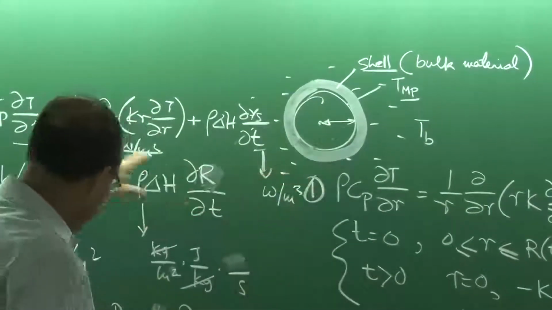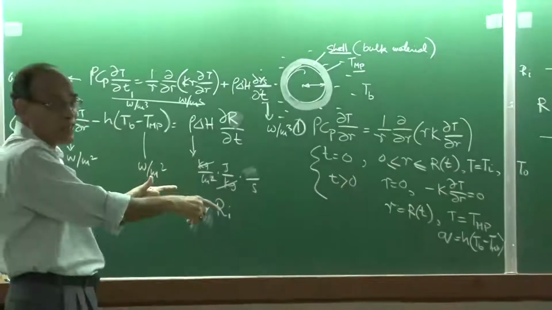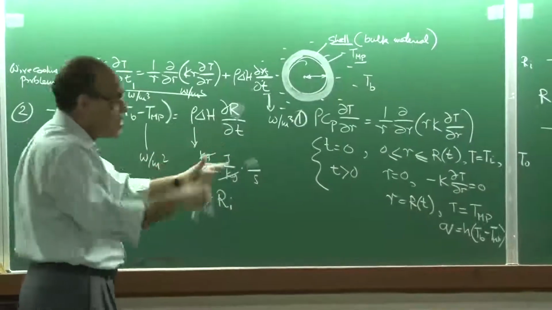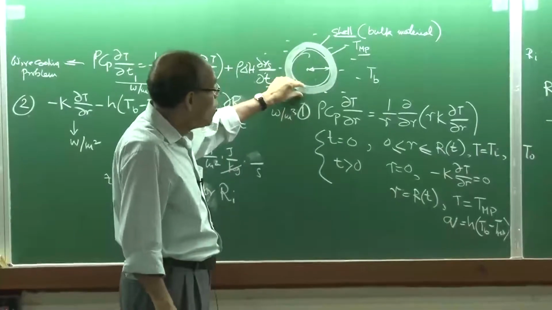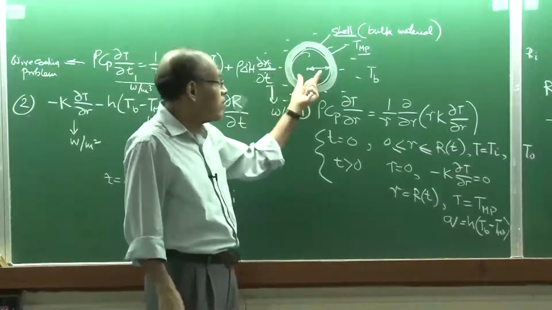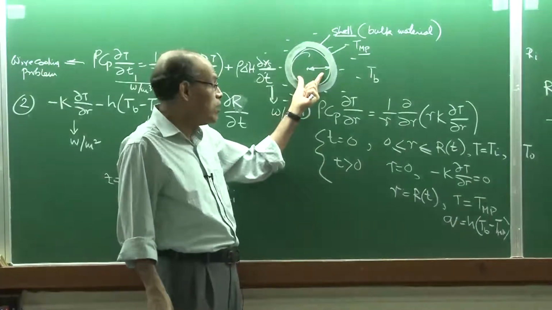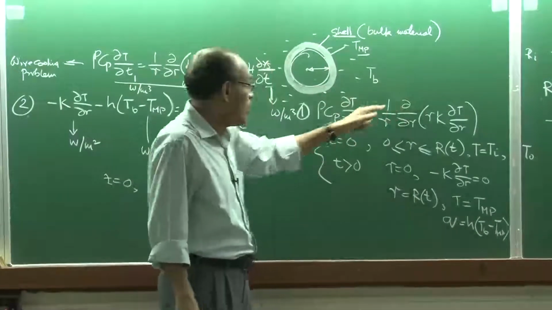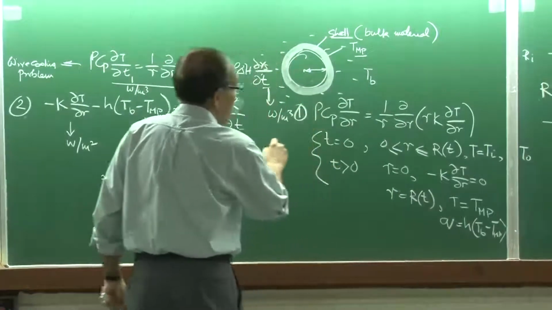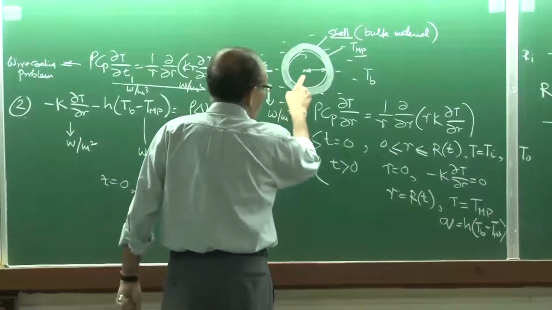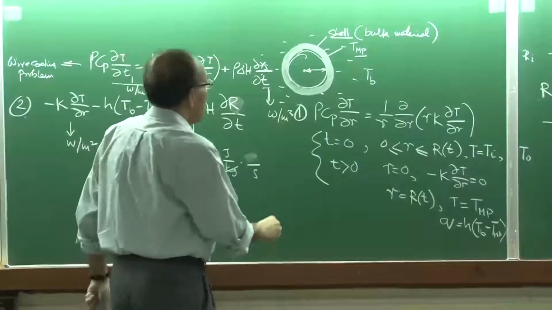This also can be predicted from the same set of equations, by changing the initial and the boundary conditions, and this thickness of the shell will depend on the thermophysical properties of this solid, the superheat, and particularly the thermal conductivity of the material.